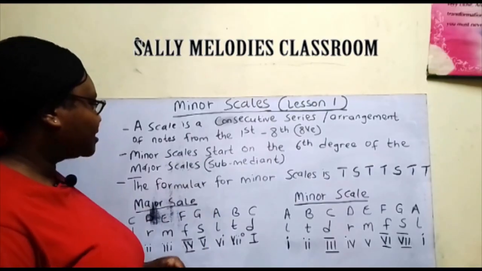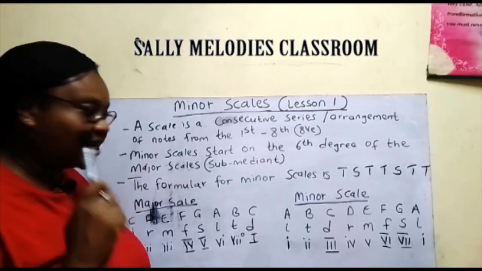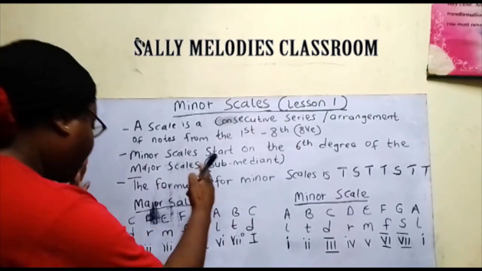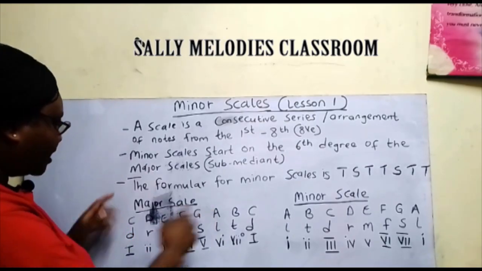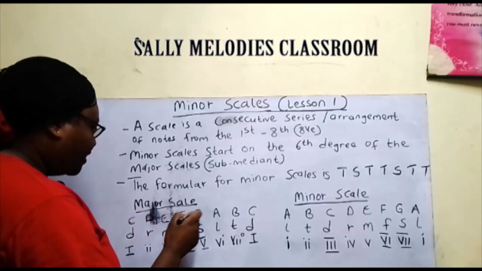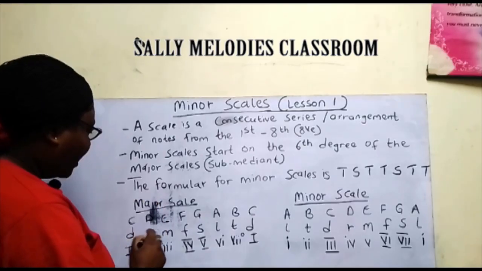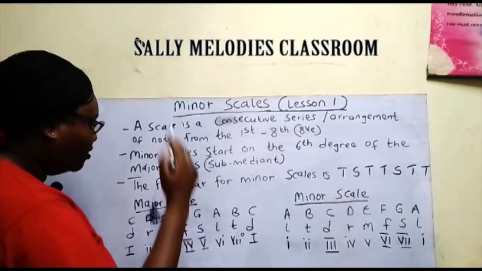Minor scales start on the sixth degree of the major scale. This is the major scale, the scale of C. So C, D, E, F, G, A, B, C. Do, re, mi, fa, sol, la, ti, do.